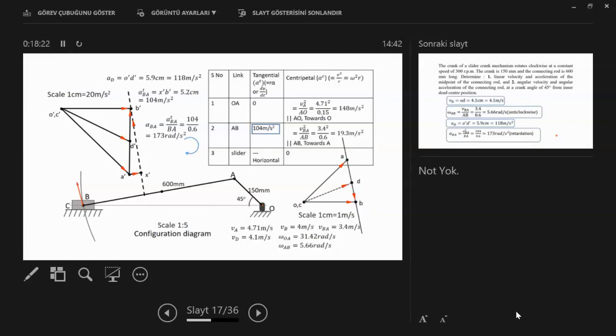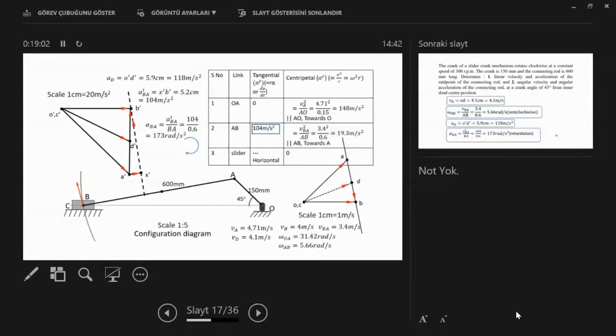Then from the end of this point we draw a line perpendicular to that line, because we are interested in finding the tangential component. We know the direction, but we don't know the magnitude. Then from this point we draw a line parallel to the horizontal, because the acceleration of point B has no normal component, only linear motion.